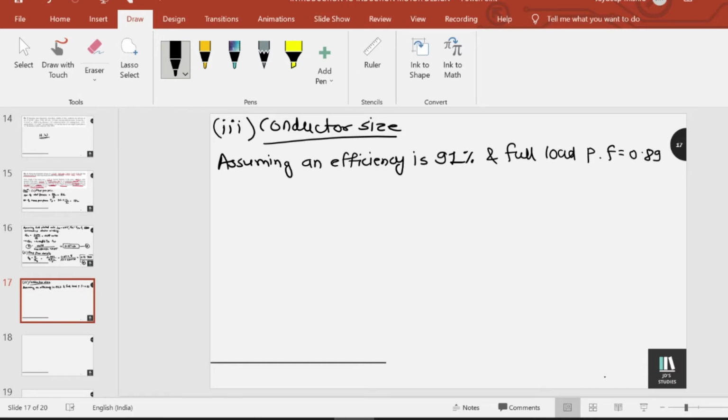How can we assume that? From the design data book we take these values. So what is the input power of the motor?